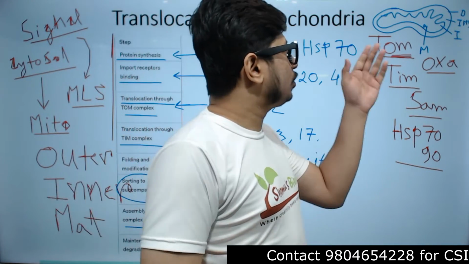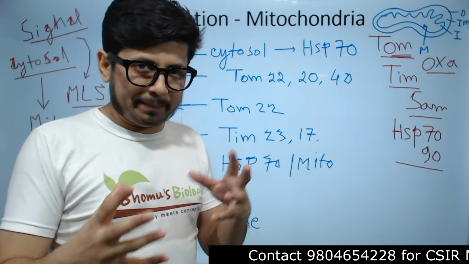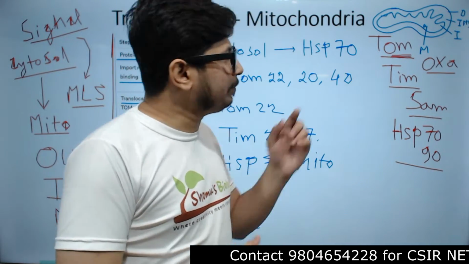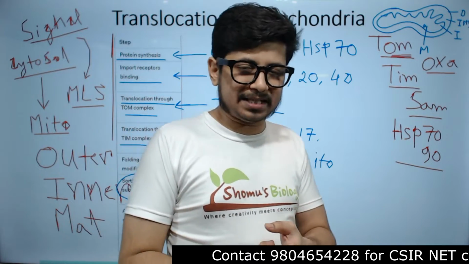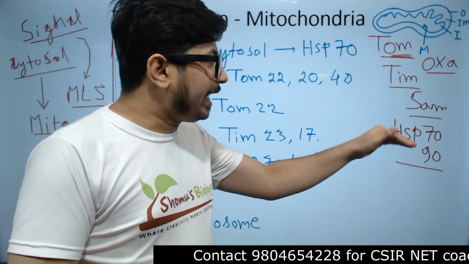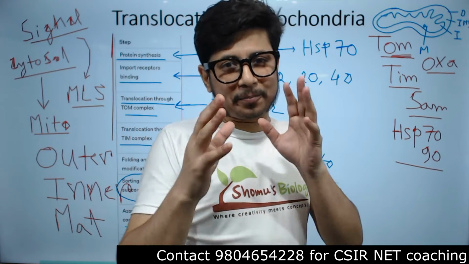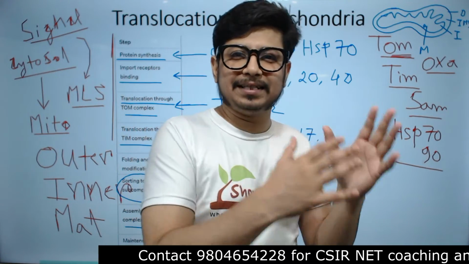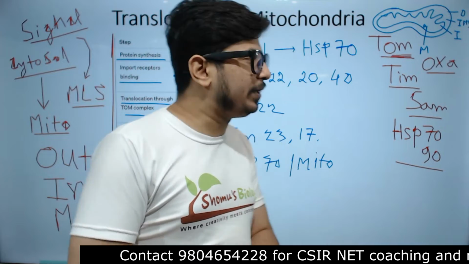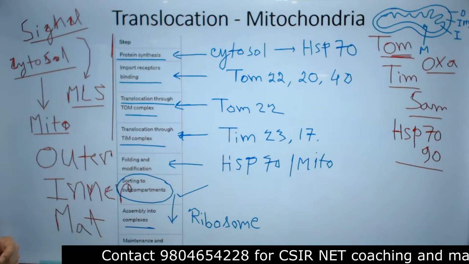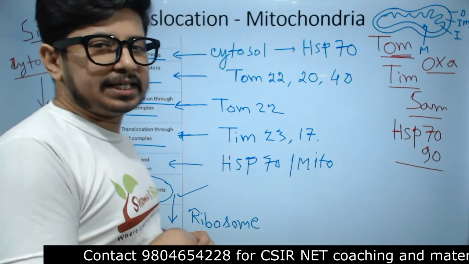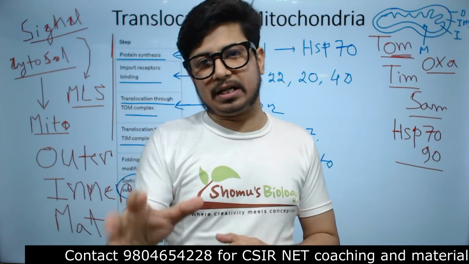For example, TOM complex assembly and maintenance requires ATP. TIM complex maintenance and assembly requires ATP. HSPs, which are heat shock proteins, also known as chaperones, require ATP for their normal functioning. So we need ATP for the normal functioning of all this process regarding mitochondrial protein translocation.